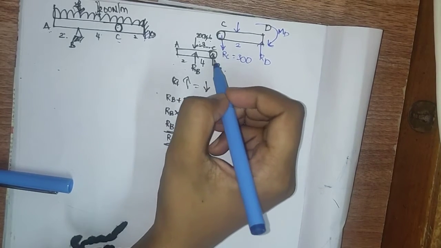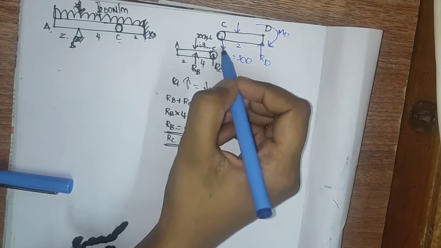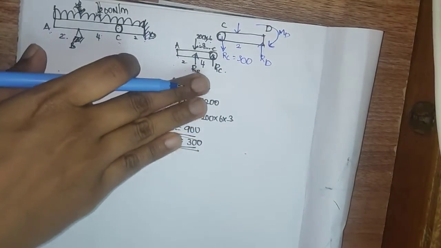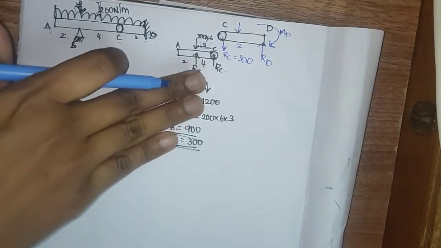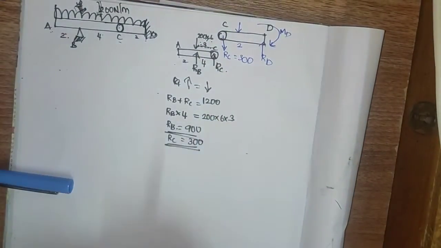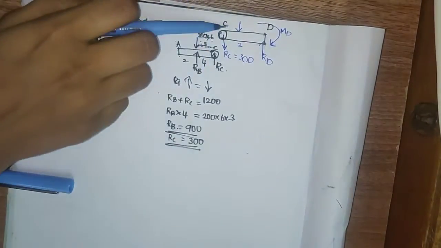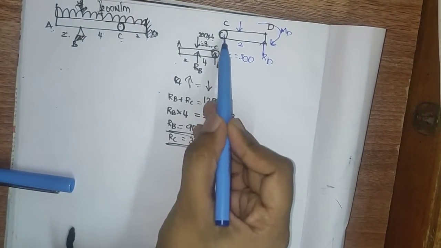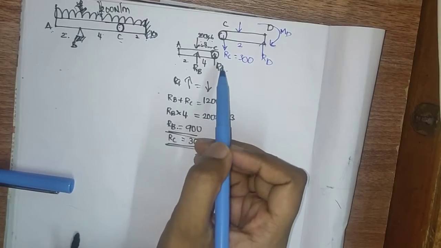So both are RC, but why do they have different directions, one upward and one downward? What is happening is, this CD will push this AB in the upward direction, and this CD will pull this AB in the downward direction. So that is why it has the reaction like this.